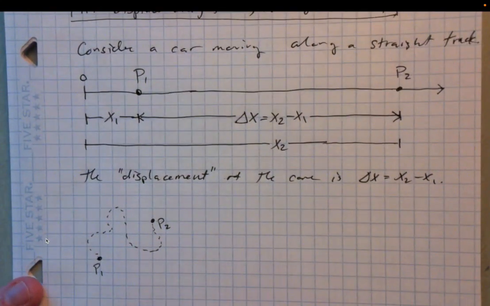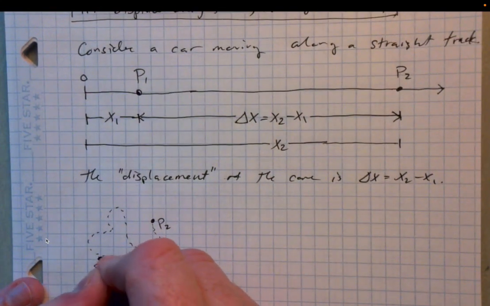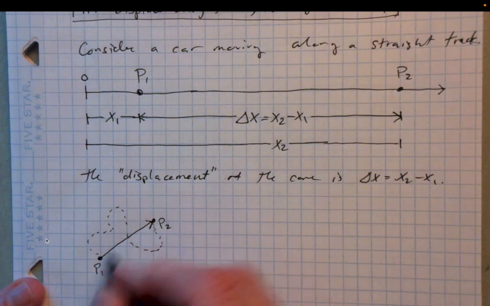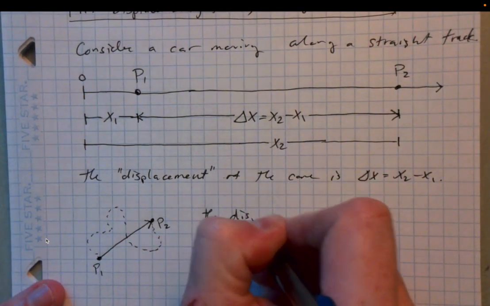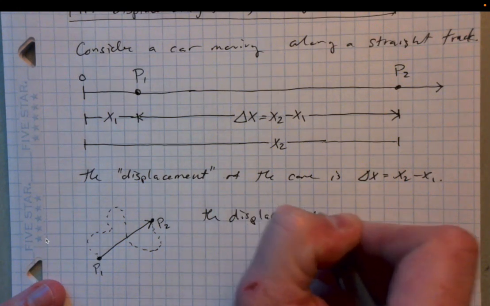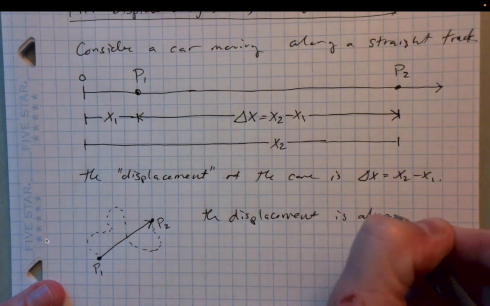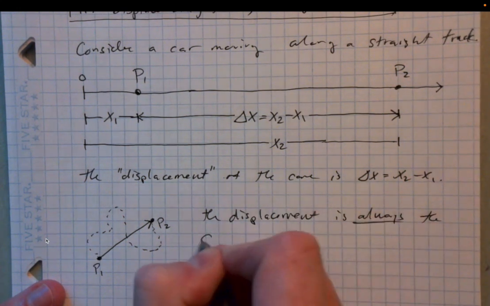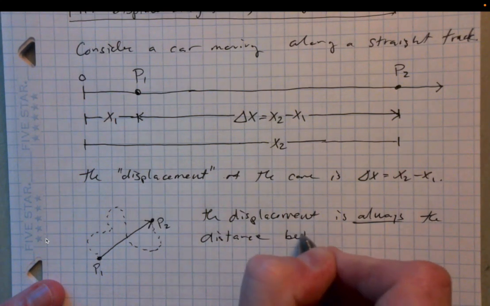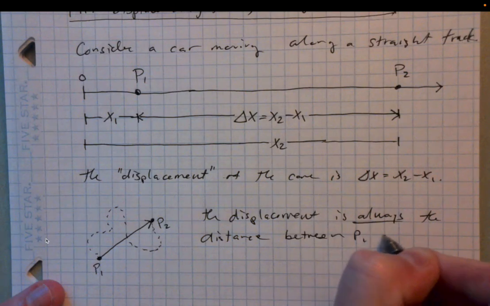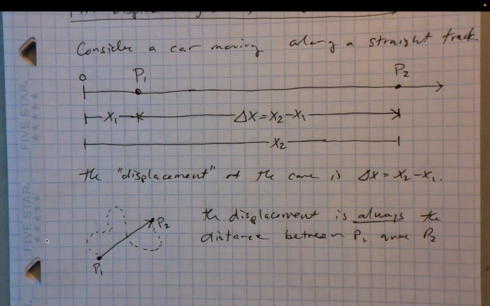So not a straight line. The displacement is still going to be just that distance between the two. The displacement is always the straight line distance between P1 and P2, meaning your starting and ending points.